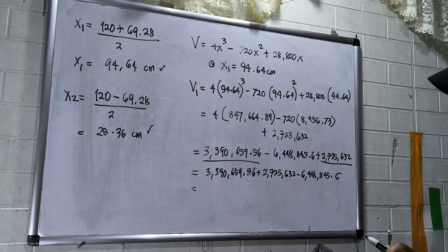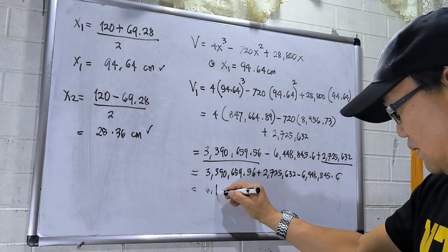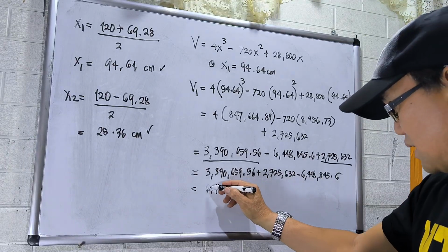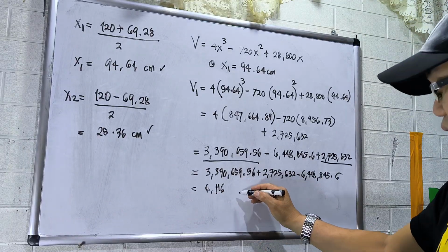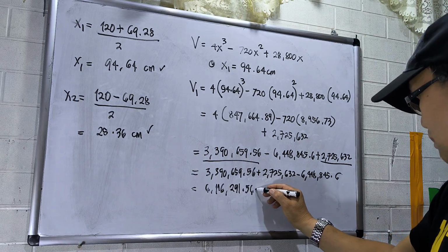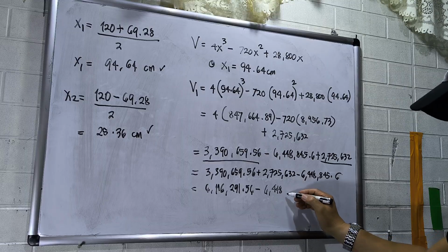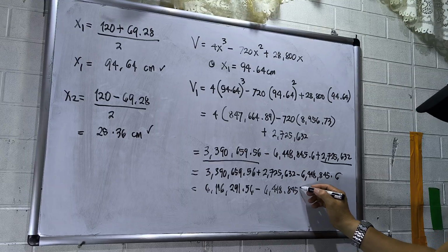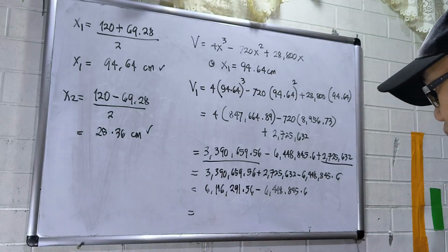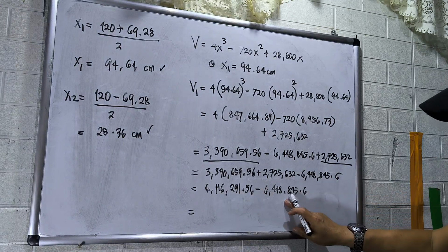So 3,390,659.56 plus 2,725,632. So this will be 6,116,291.56 minus 6,448,845.6. Okay, take note, this is negative, right? Because this is smaller than this one.